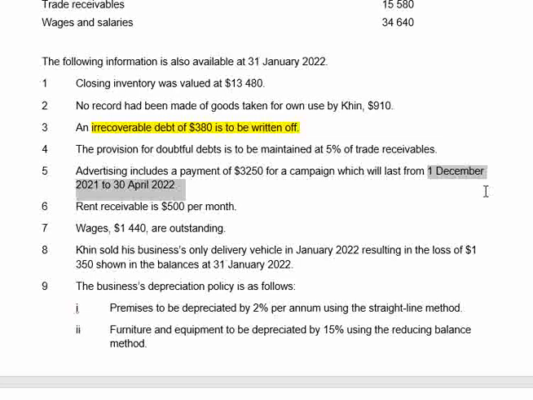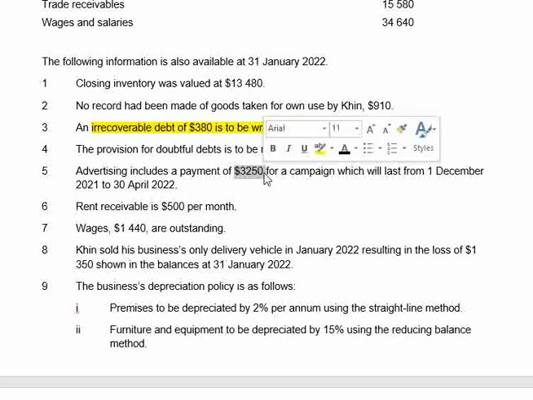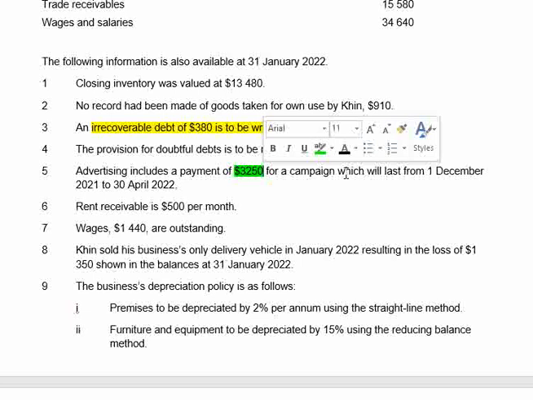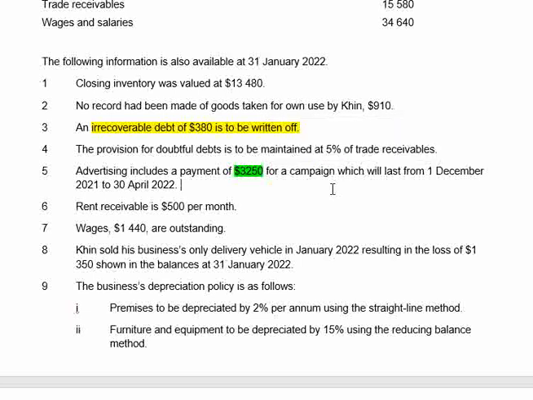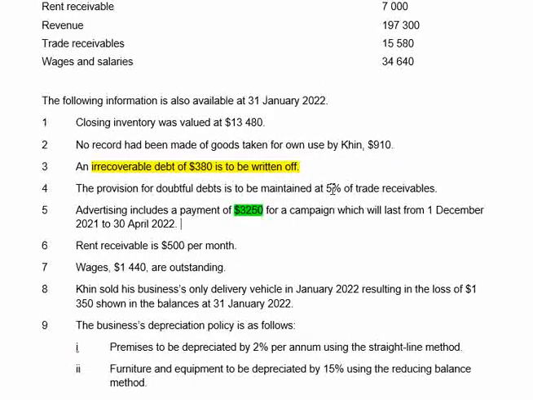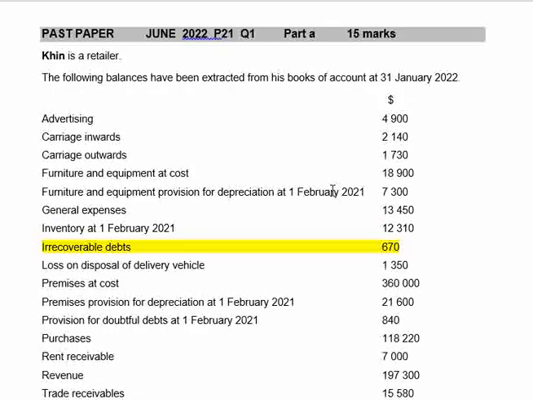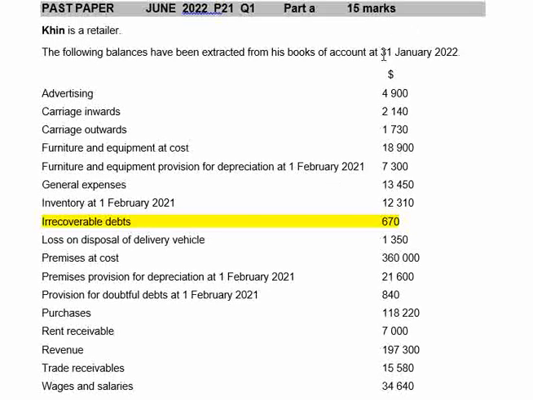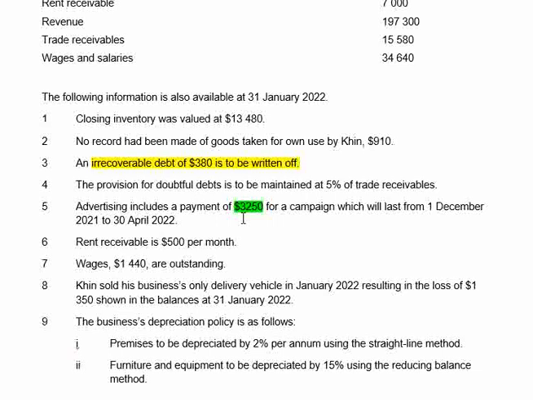This means that you have paid an advertisement expense of $3250, and the advertising covered 1 December 2021 to 30 April 2022. Our year end is 31 January 2022, so this advertisement campaign has been paid from 1 December to 30th April of next year.